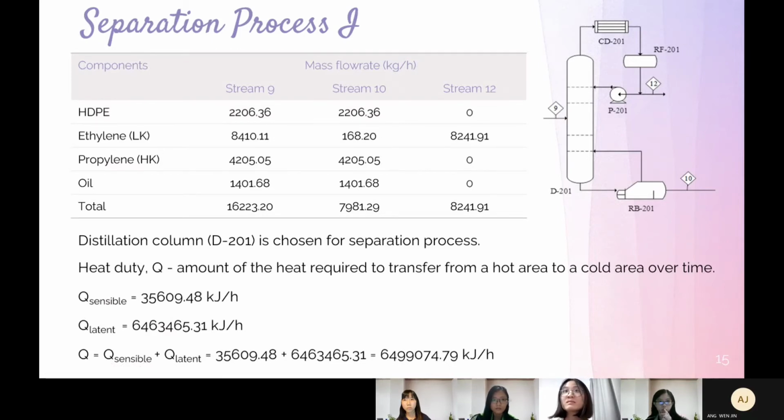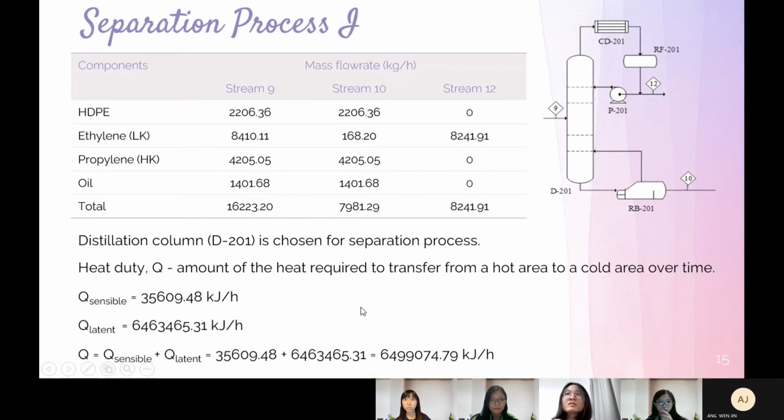Next, we have the separation process. For this chapter, distillation column D201 is chosen, and the table shows the streams of the distillation column D201. Stream 9 is the input stream, while stream 10 and stream 12 are the output streams. Then, the heat duty Q is calculated, which is the amount of heat required to transfer from a hot area to a cold area over time.